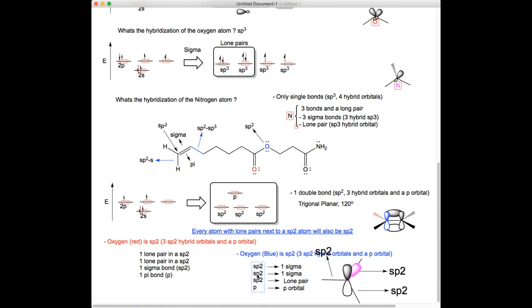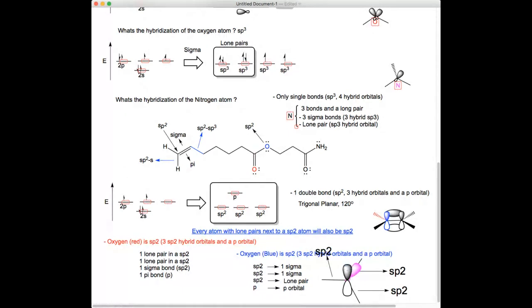Now, what are the 3 sp2 hybrid orbitals used for? 2 of them will be used for sigma bonds. 1 for this carbon, 1 for this carbon. 2 sigma bonds. 1 sigma, 1 sigma. And the remaining sp2 and the remaining p will be for the lone pairs, which means that one lone pair is here in a pure p orbital, and the second lone pair is back here in a hybrid sp2 orbital.